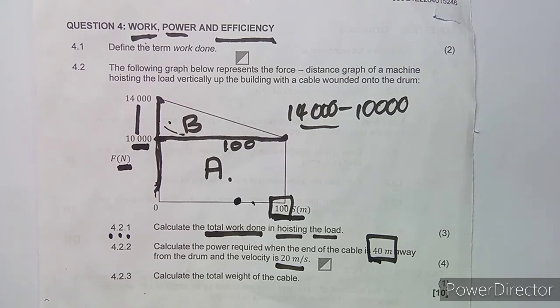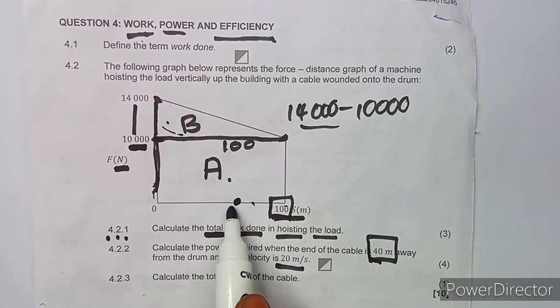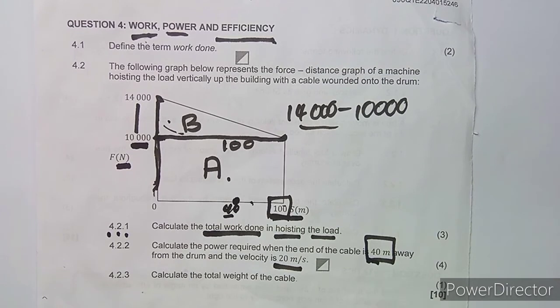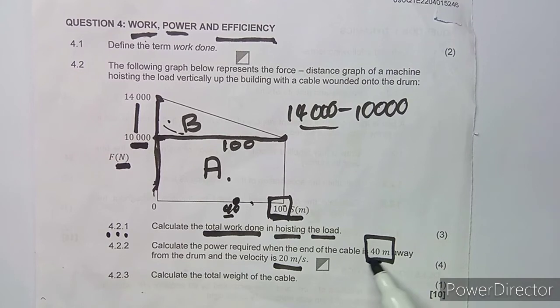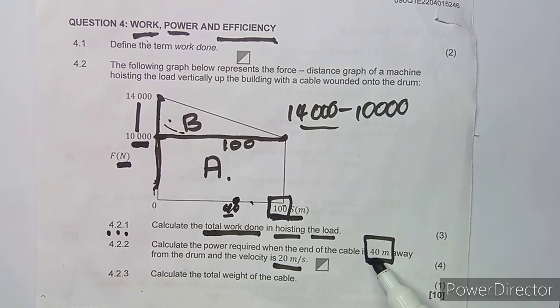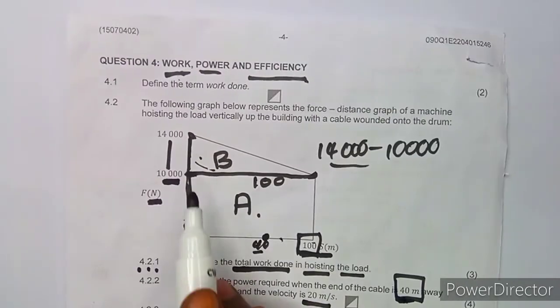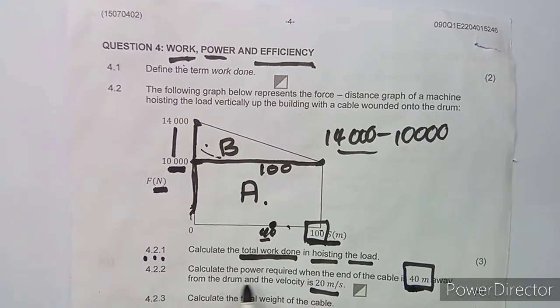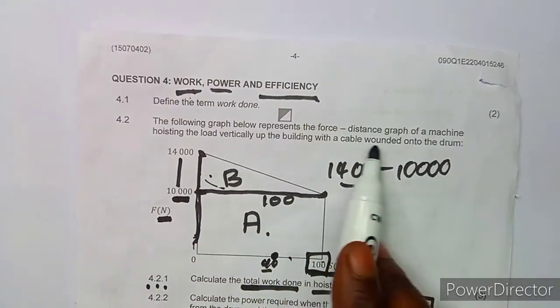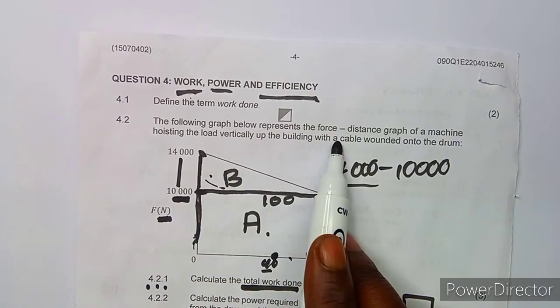So how are we going to calculate if it is 40 meters away from the drum? In a condition like this, you are going to calculate the force that corresponds with this 40 meters. We must have the weight of this hoisting load, which represents the machine hoisting vertically up with a cable.